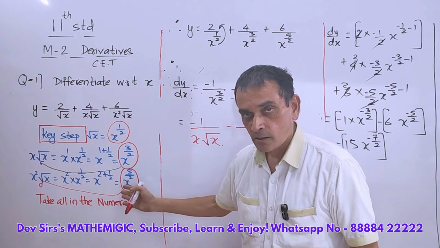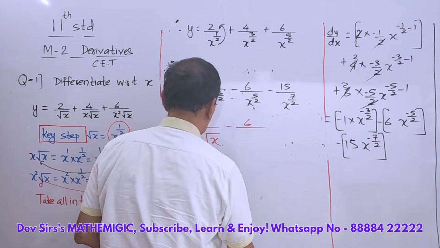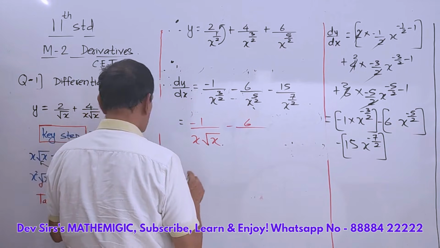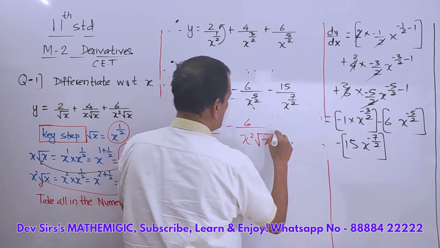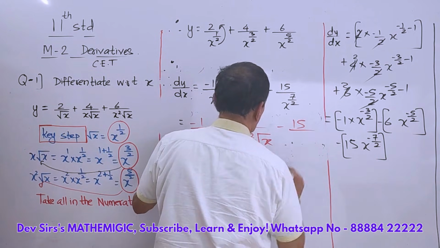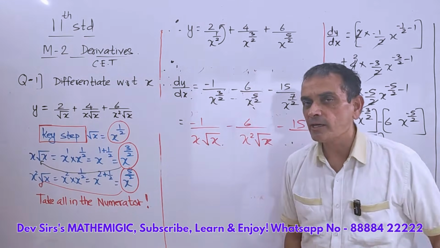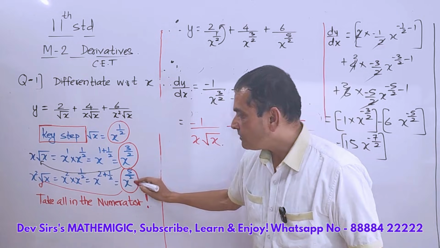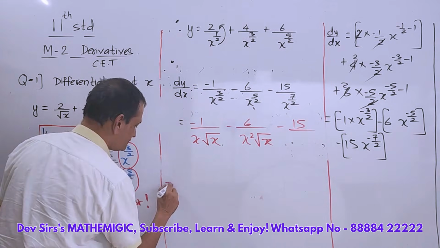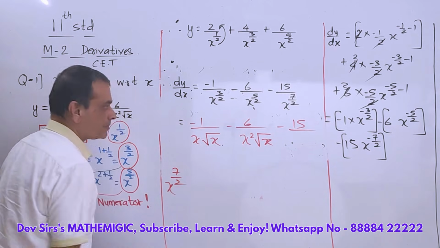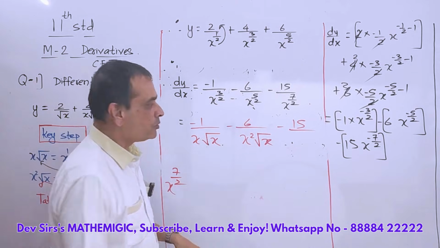Why? I have explained here. Go back again and see. Use the laws of indices and become perfect. So x raised to 5 by 2 is x squared root x. x raised to 7 by 2 I haven't shown over here, but you can guess. If you get x raised to 7 by 2 after 5 by 2, what will it be? x cubed root x.